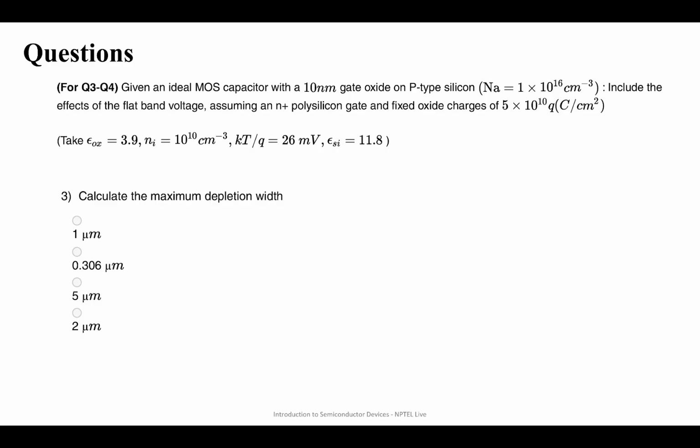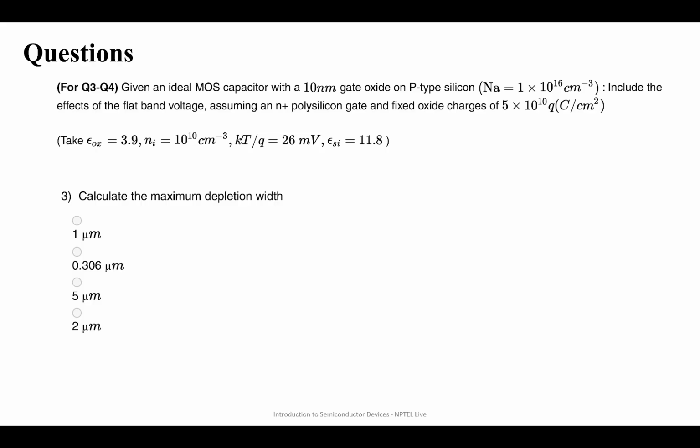For questions 3 and 4, given an ideal MOS capacitor with a 10 nanometer gate oxide on p-type silicon with Na equals 1 into 10 per 16 per centimeter cube, include the effects of flat band voltage, assuming an n-type polysilicon gate and fixed oxide charges of 5 into 10 per 10 electronic charges per centimeter square.